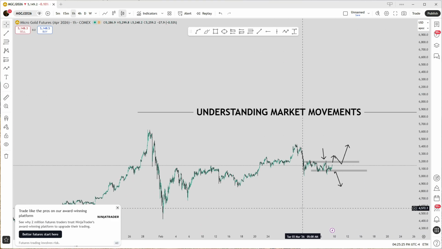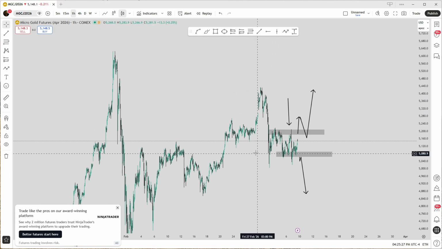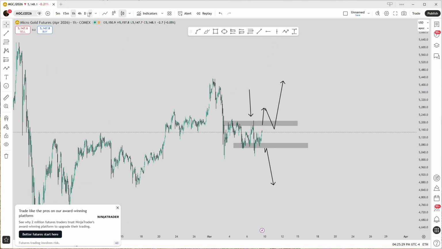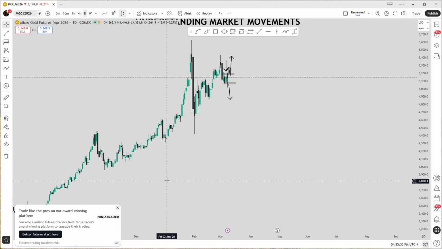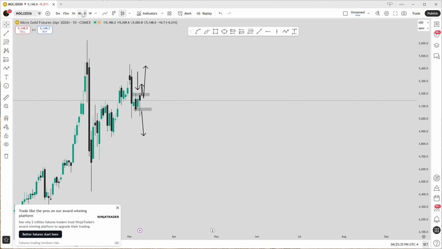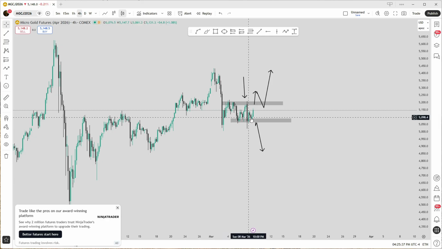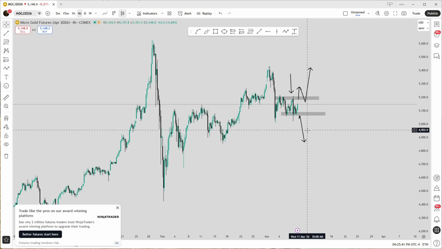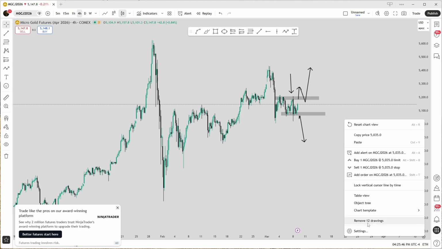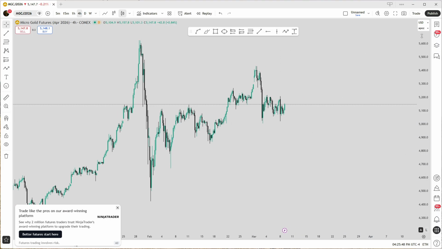So the market moves in trends. The market is on an uptrend on the higher time frame, but on the lower time frame, which in this case is the 4 hour, it's still ranging. So we need some breakout here. Let me just close all of this.